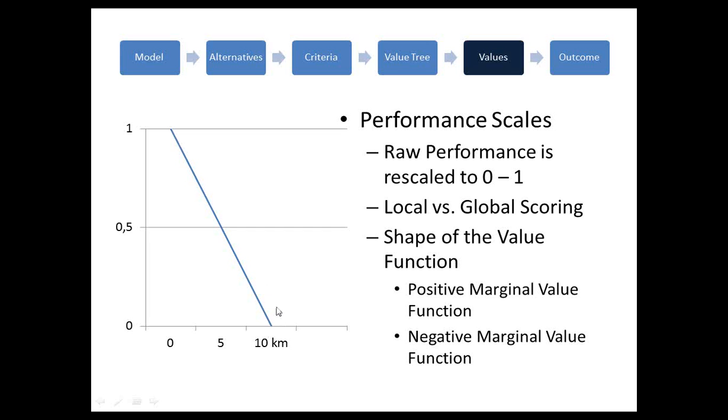This is a case of local scoring. In this case I have used the minimum distance and the maximum distance available within my alternatives to determine my performance scale. Now this is a linear function, and it's a negative marginal value function because the value decreases with the increasing level of the performance.